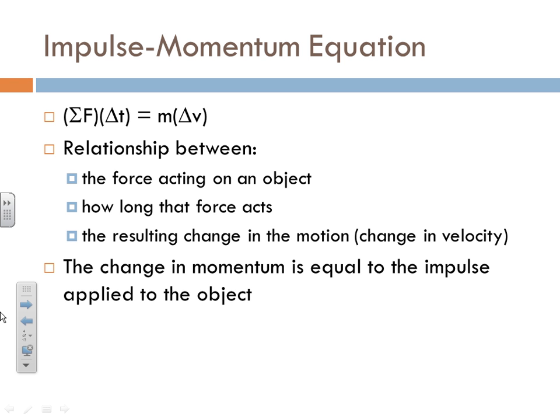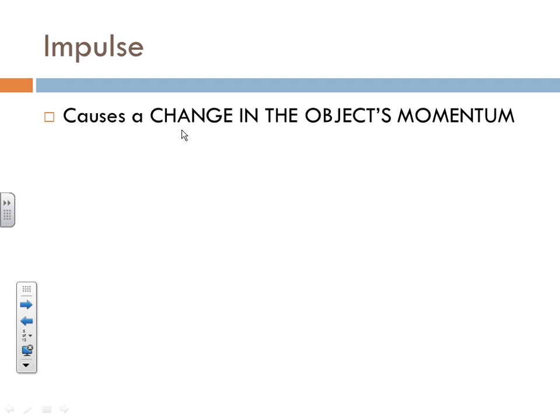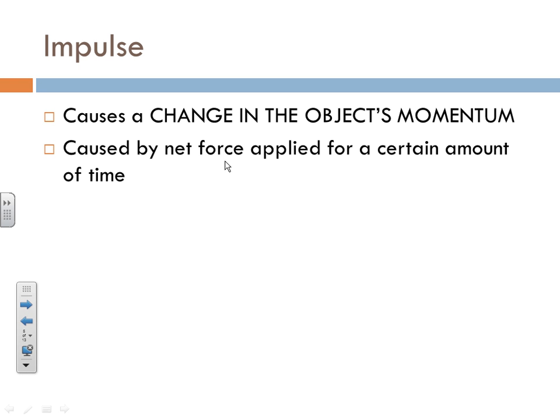So the factors that we just discussed, the amount of force you apply and the time that you apply that force, make up the impulse that we apply to the object. Impulse causes a change in an object's momentum. And it depends on two factors: the net force and the time that we apply that net force.